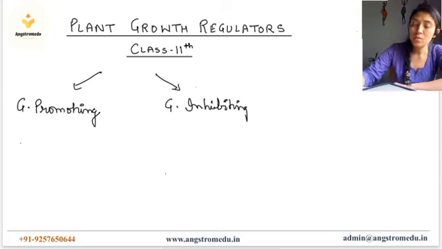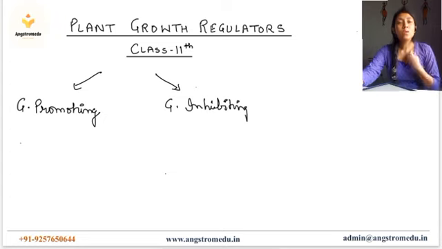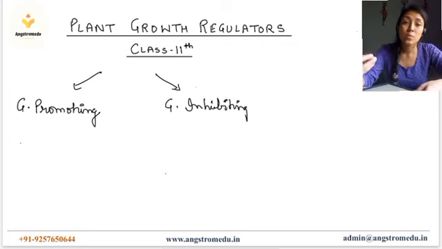Growth promoting and growth inhibiting, both the types are necessary for the plant. Why? Because not only the growth is important, but after a certain period, the end is also necessary. Things which take birth, things which come into existence need to be finished also, so that they can be replaced by something new and better.